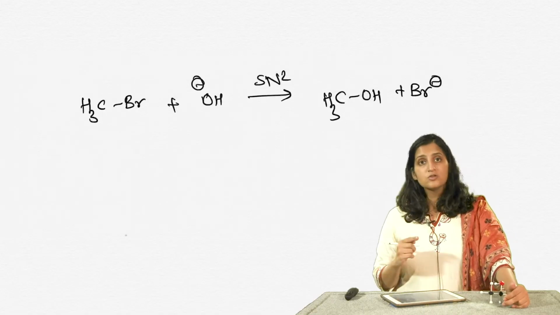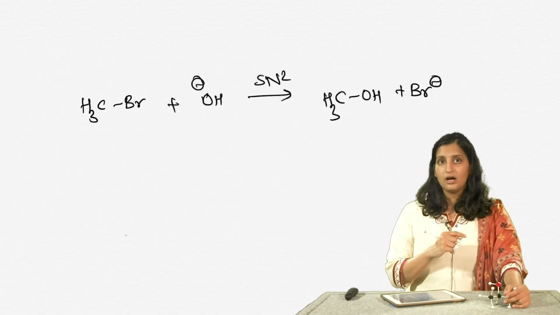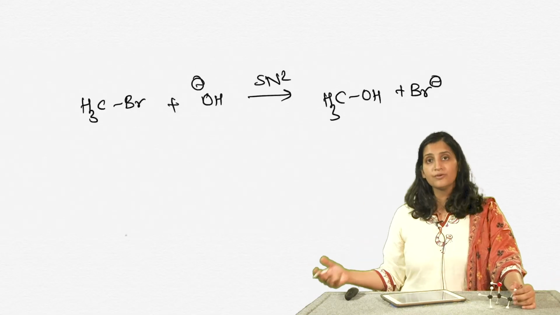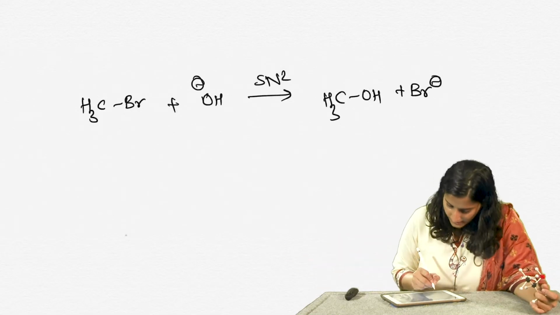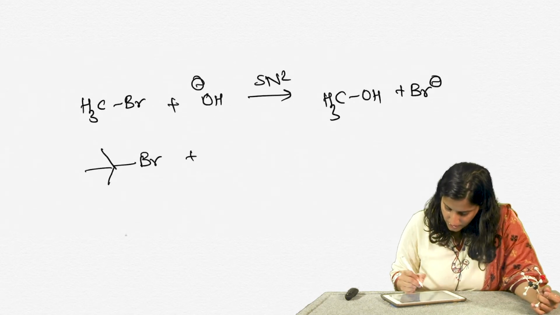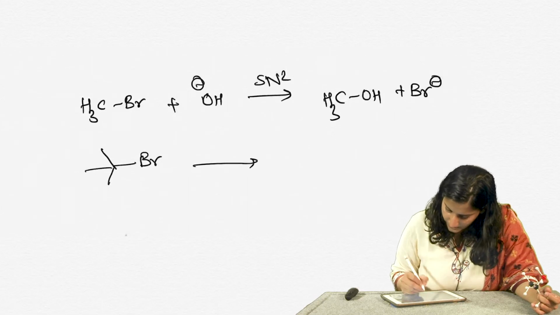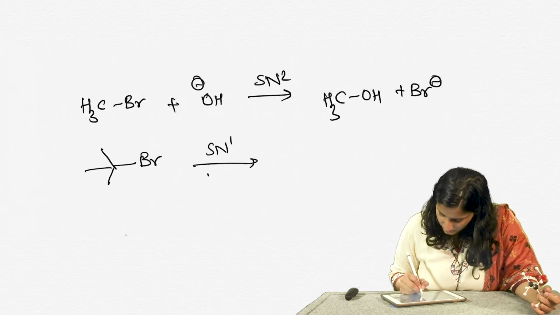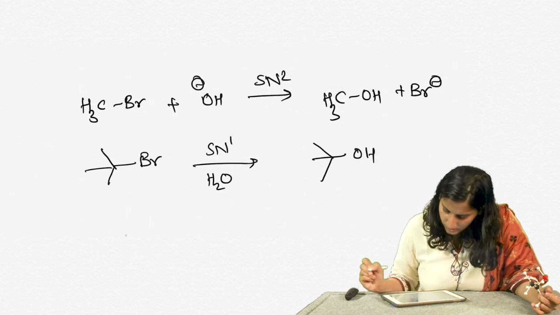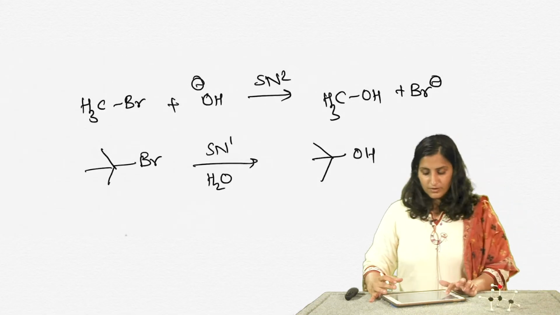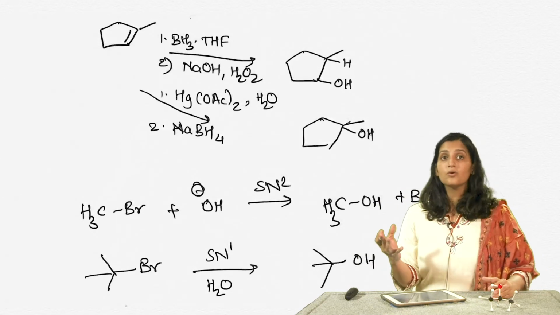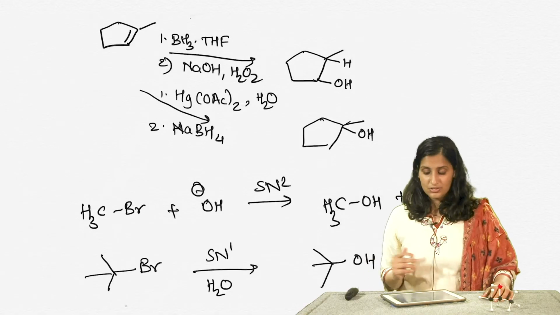Or we have also seen when a tertiary alkyl halide will react with water, for example, to give you a tertiary alcohol. So, I can take tertiary butyl bromide and react it in an SN1 reaction, let us say with water, and this will give rise to tertiary butanol. So, we have really seen these many reactions to convert either alkenes to alcohols or alkyl halides to alcohols.